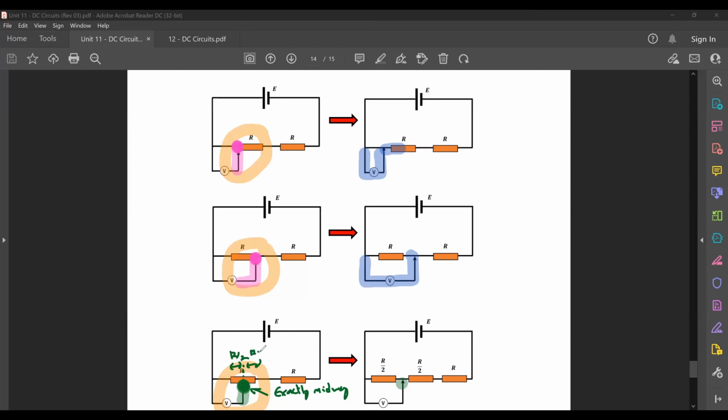So an equivalent circuit could be that you are connecting like this. Let me change the color. You're actually connecting right in the middle of the resistance, so that there's R2 on the left side and R2 on the right side. This is potentiometer of another kind.